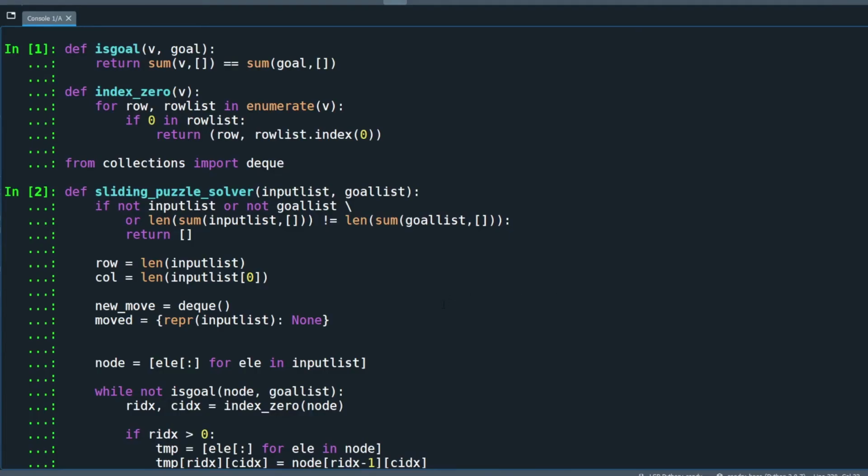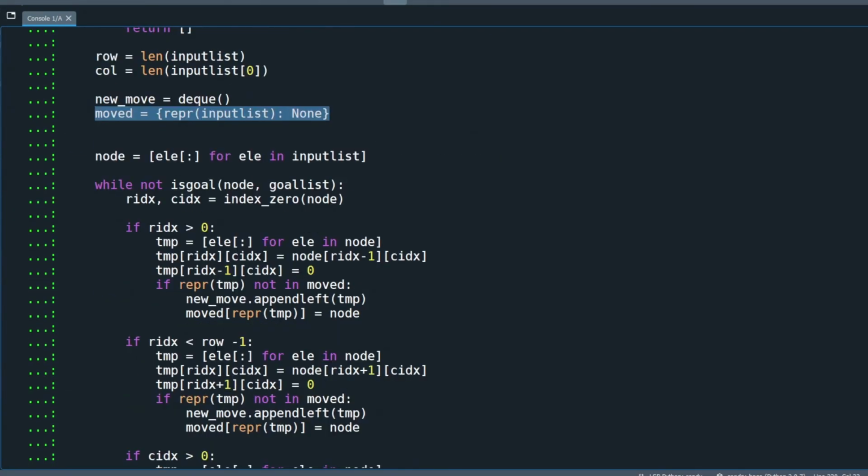In this code, we use stack to create the graph data structure and the dictionary to track all the moves. In dictionary, the key is the current move, and its value is the parent node. If the current move doesn't match our goal, we first find the location of the number 0.